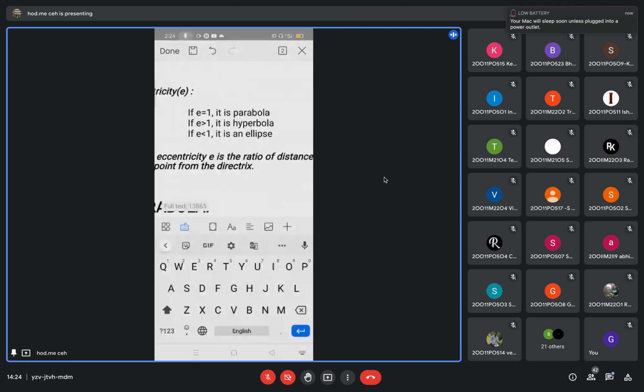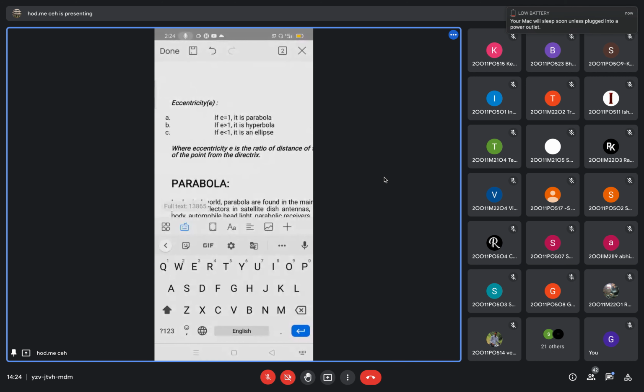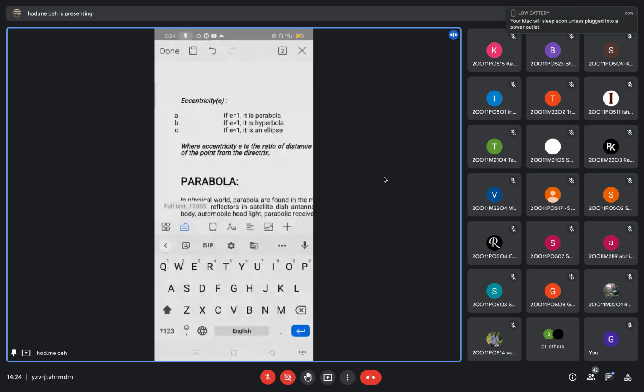All of you write this in your notebook. E is the eccentricity, the ratio of the distance of the point from the focus to the distance of the point from the directrix.